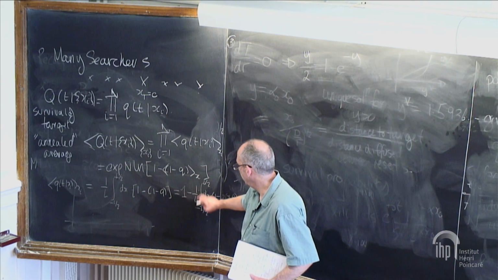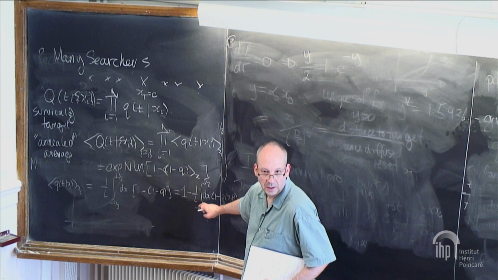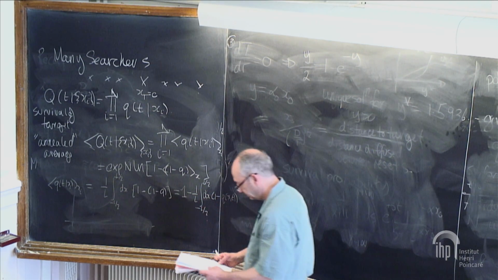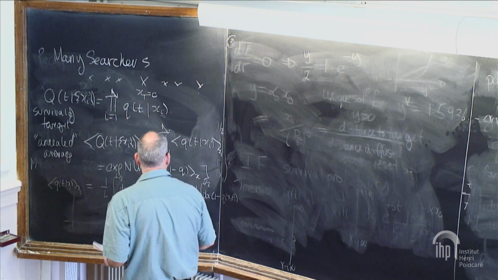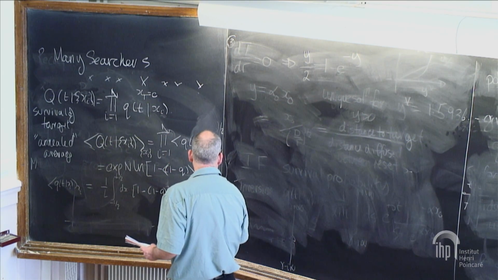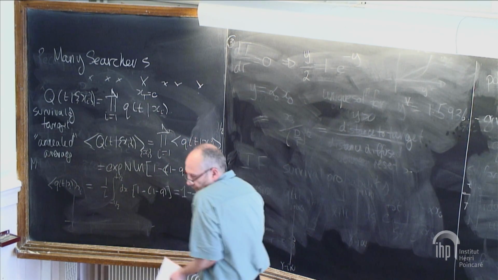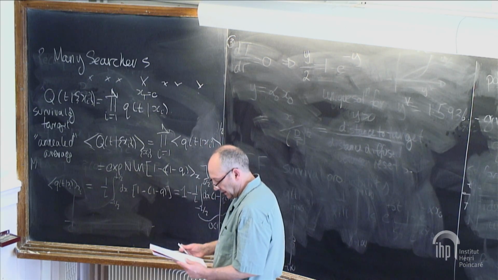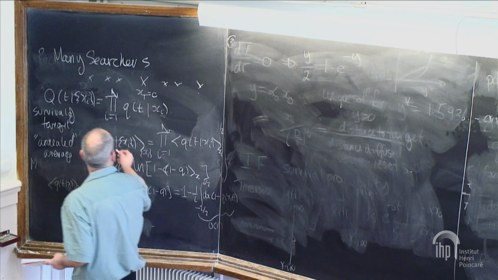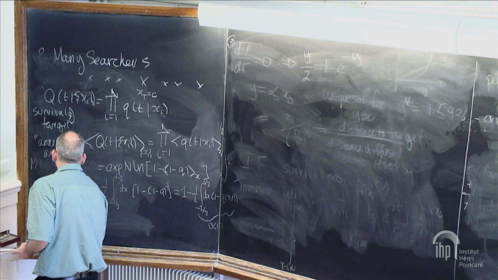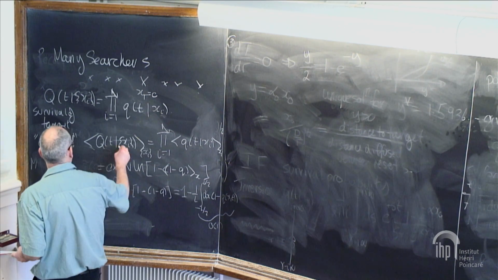And so this term will, in fact, be of order 1 over L. So this integral is of order 1, some finite constant. And this then allows me to expand what I'll call Q average, which is just this.